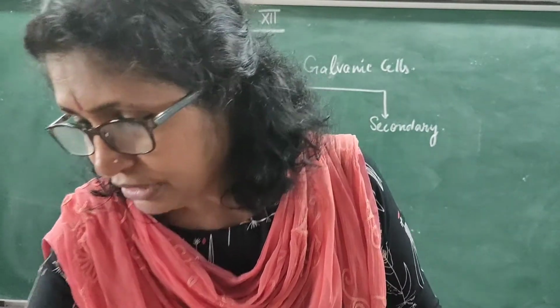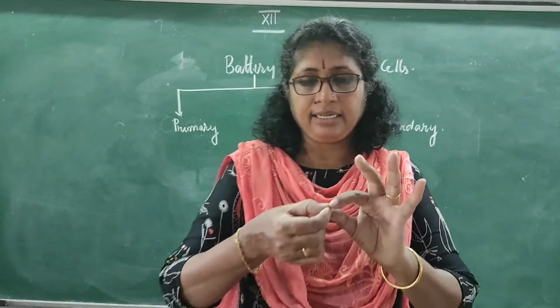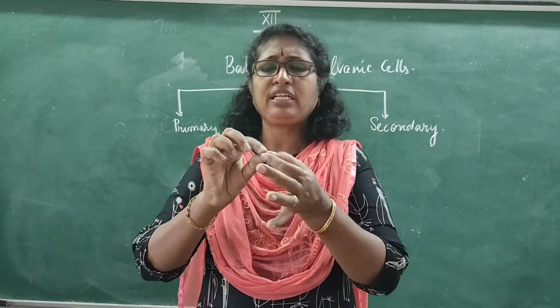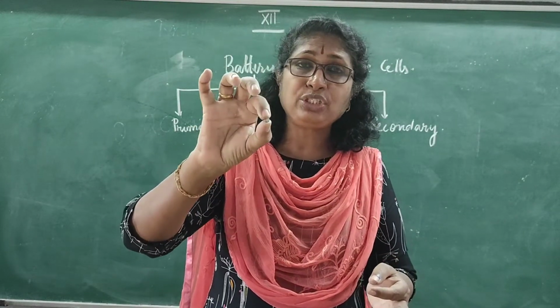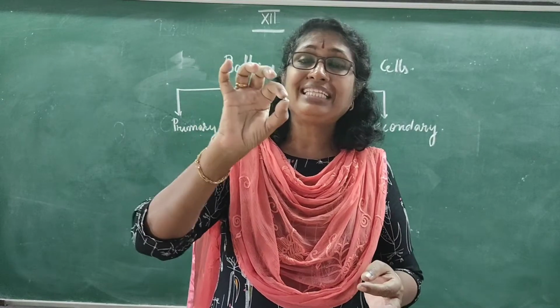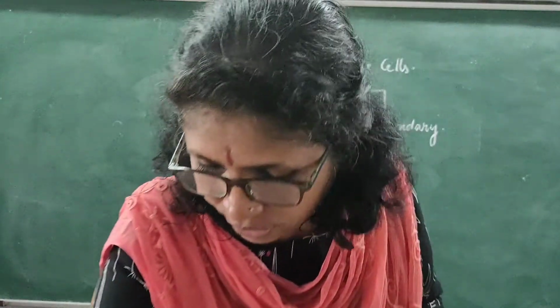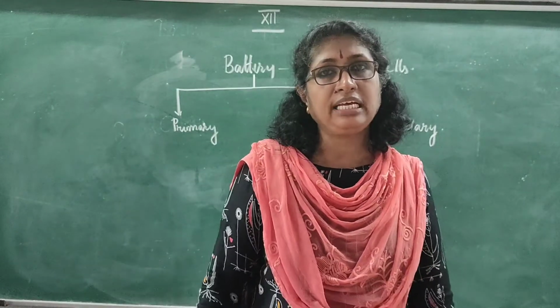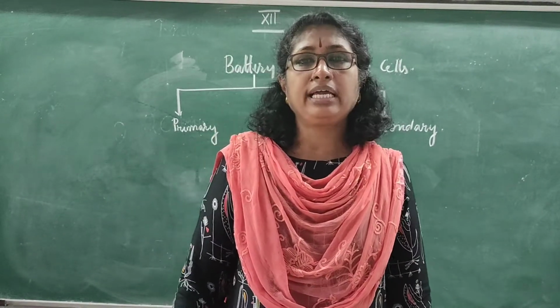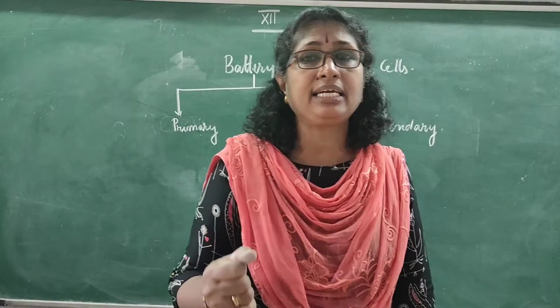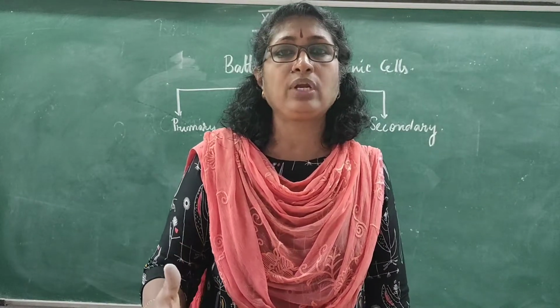Now the next type of cell is the mercury cell. You see, it is very small, very compact, very easy to use, isn't it? Mercury cells are used in watches, hearing aids, etc. Again there is an anode, zinc amalgam. What is an amalgam? A mixture of mercury and zinc.